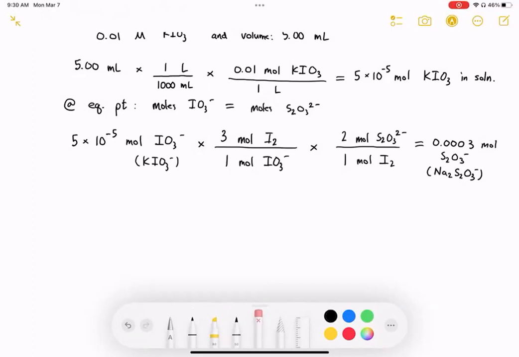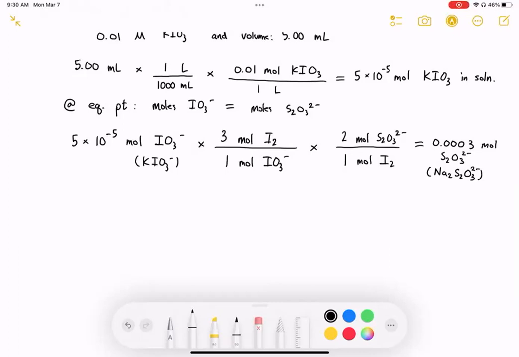Sorry, it should be 2 minus right here. Okay, so it's the same thing in this case. So now we have our moles of thiosulfate. We were able to determine our moles there.